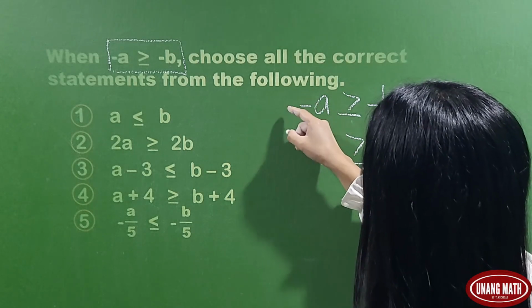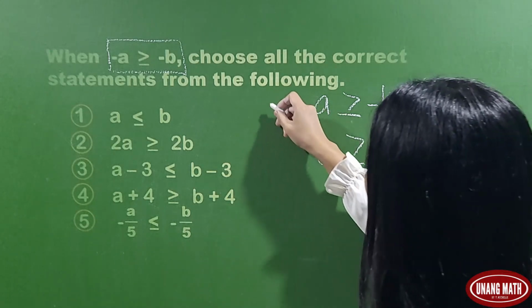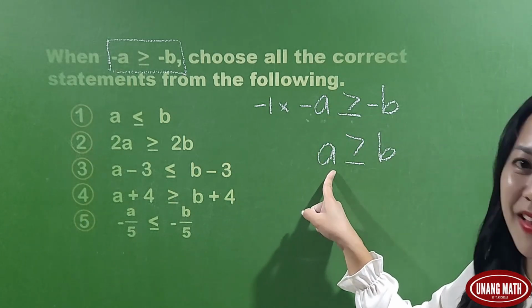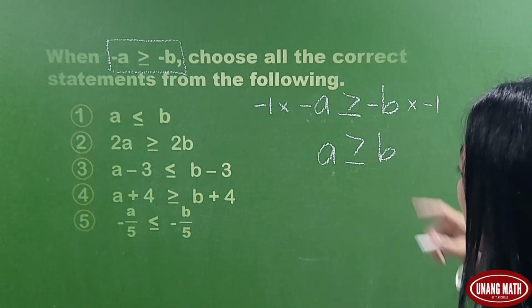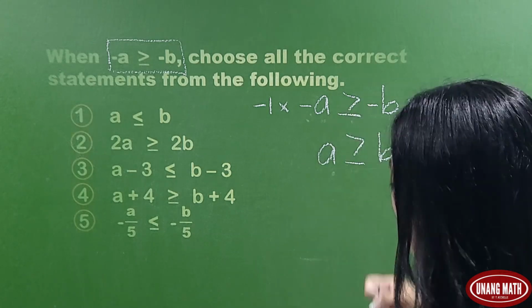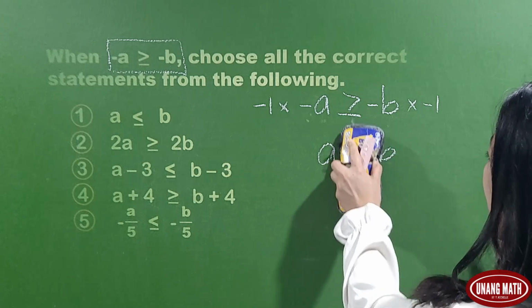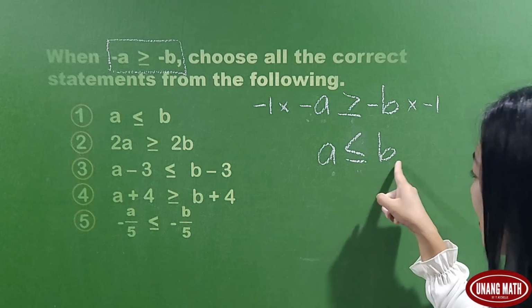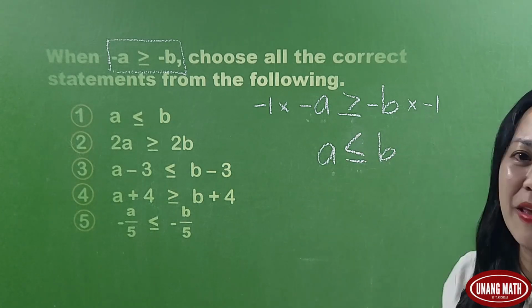We have to multiply both sides of the inequality by negative 1. So negative 1 times negative A gives positive A. Negative B times negative 1 gives positive B. And the symbol now reverses. So instead of greater than or equal to, this is now A is less than or equal to B.